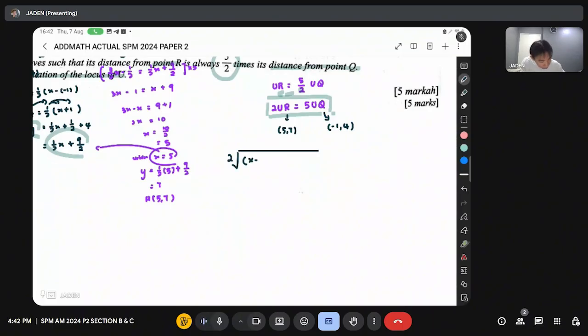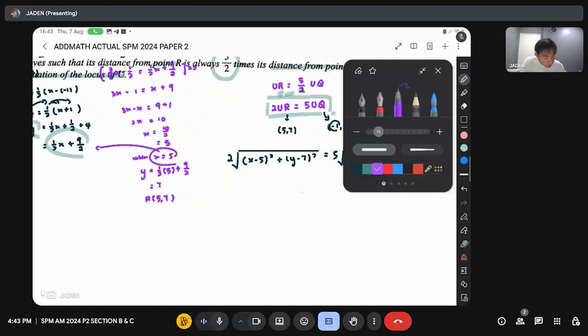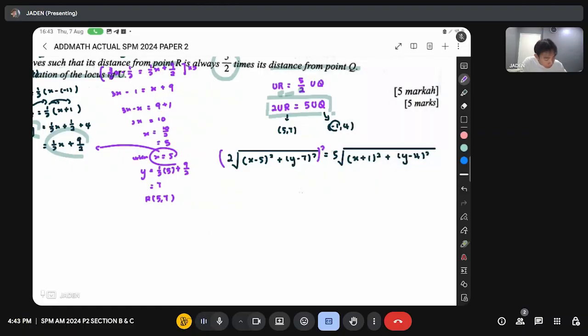So 2 times square root of (x minus 5) square plus (y minus 7) square equal to 5 times square root of (x plus 1) square plus (y minus 4) square.